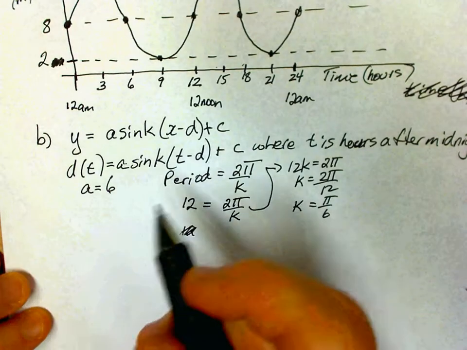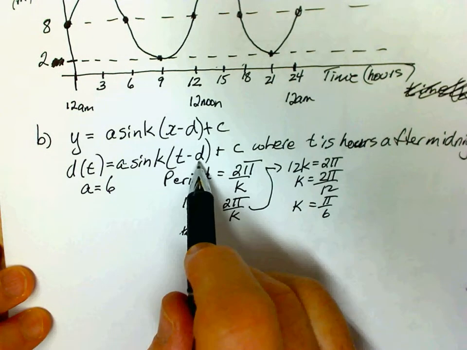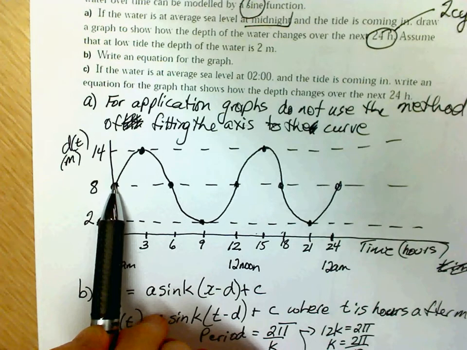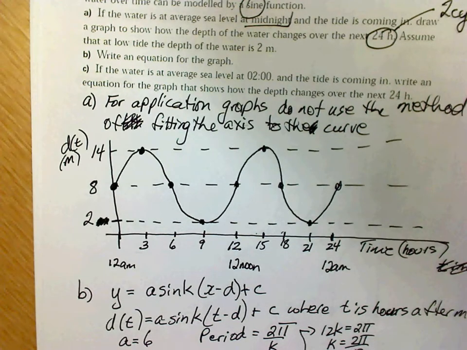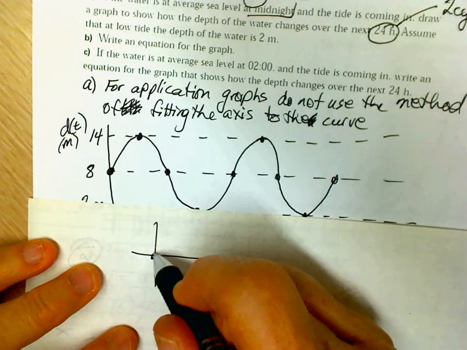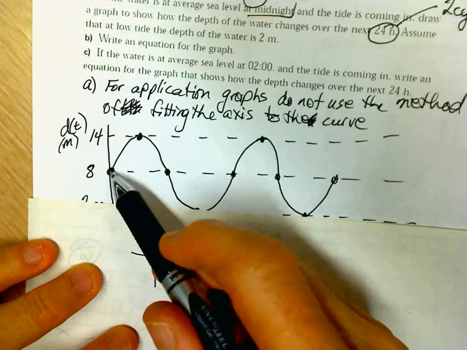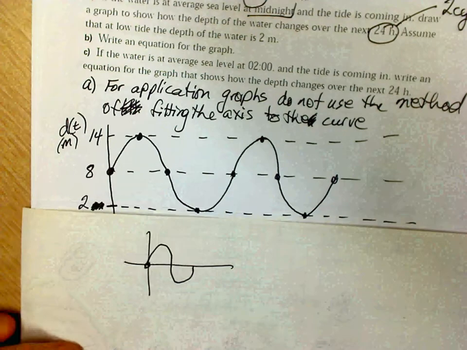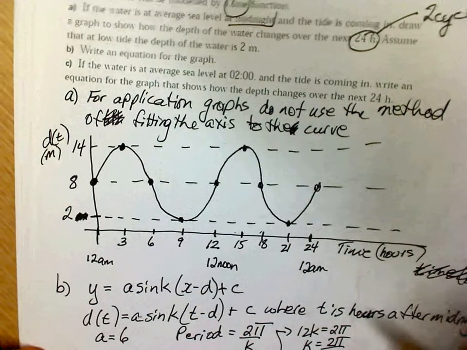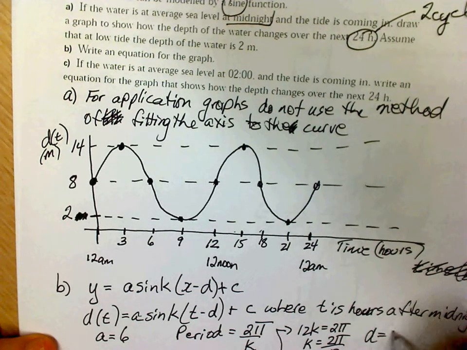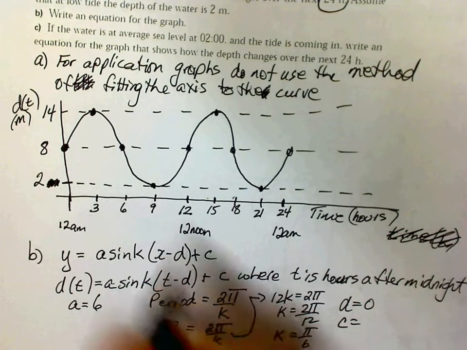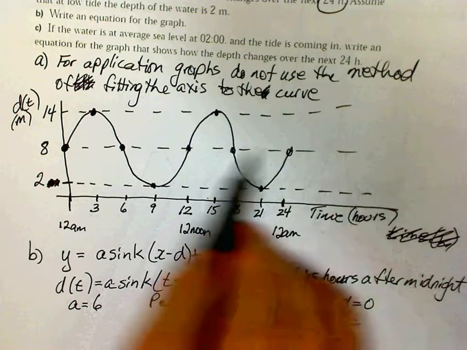Do we have a phase shift? Is there a phase shift here? No, because typically when we did our sine function, it started there, went up and down. So you see it's starting at the origin. So there's no phase shift there, right? So D equals 0. And what does C equal? What's our equilibrium line? Yeah, 8.